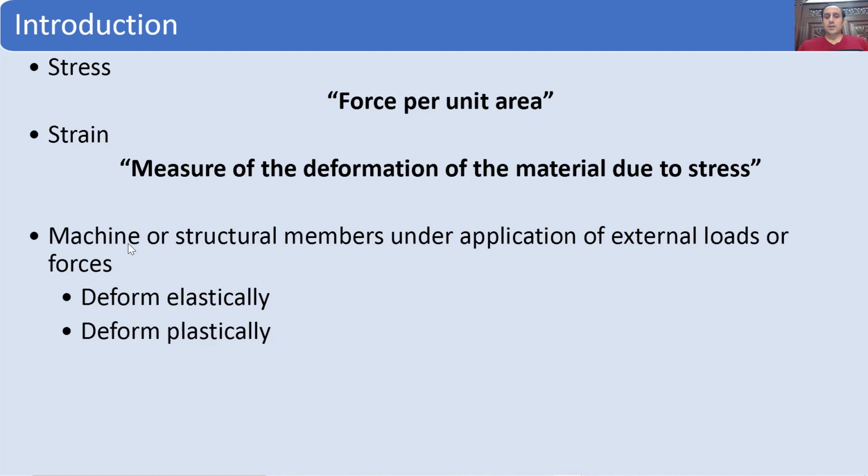Okay, we can allow some intensity of elastic deformation. But if that elastic deformation is also beyond a certain point, it can affect the working of the machine. So the main thing is that we need to limit the deformation or deflection of different members.